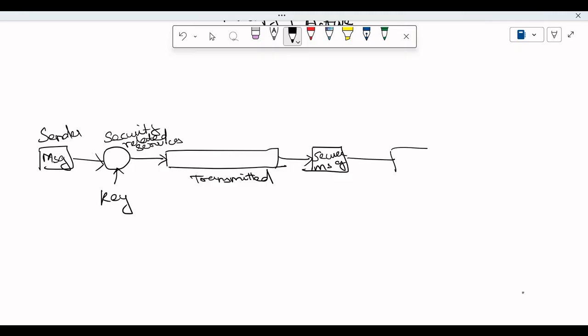So here the receiver will be using a key, using which he can retrieve the message back. So this is the security model.